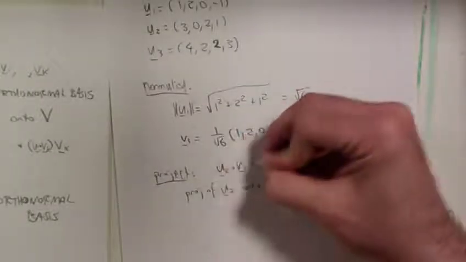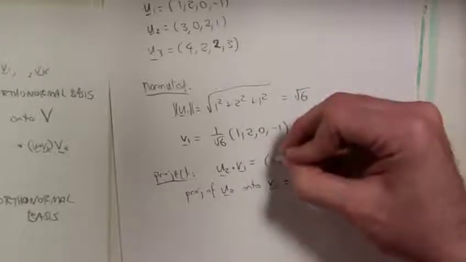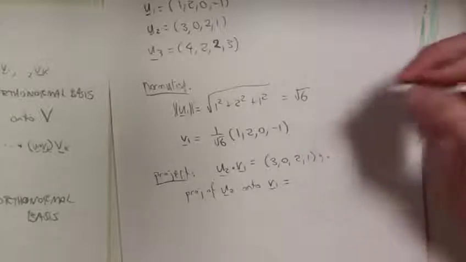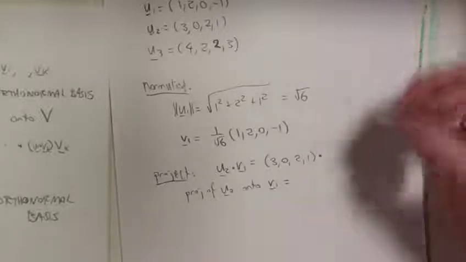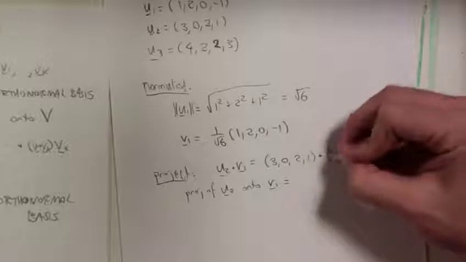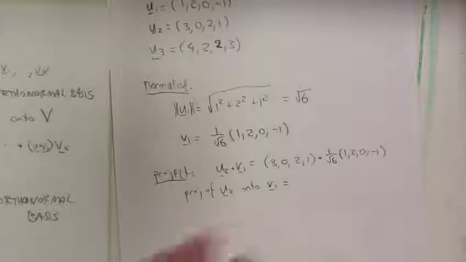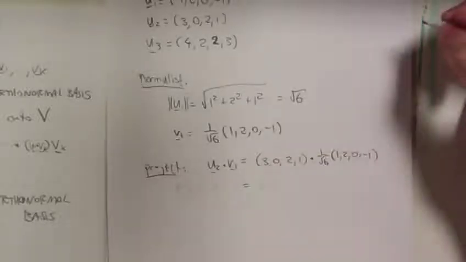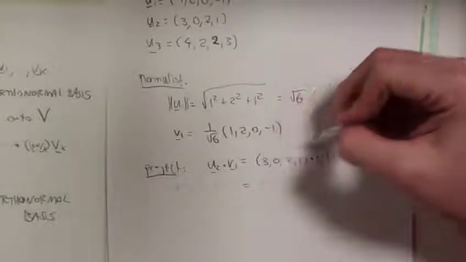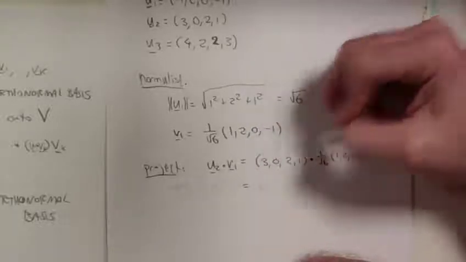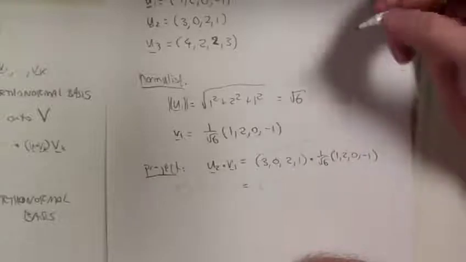U2.V1. One of the morals of these tales is in exams, leave space between things so you can fill in things that you forgot. And so what have we got? 3 times 1 is 3, 0 times 2 is 0, 2 times 0 is 0, 1 times minus 1 is minus 1, so 3 minus 1 is 2.